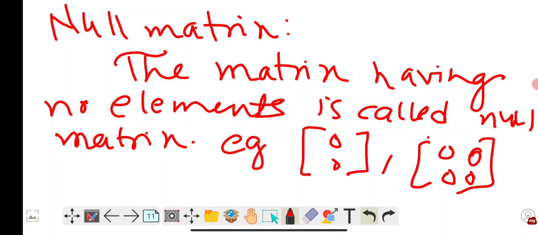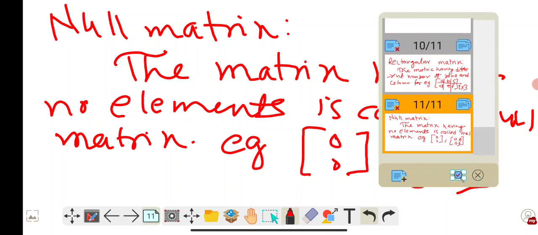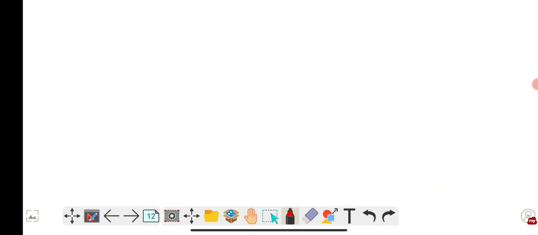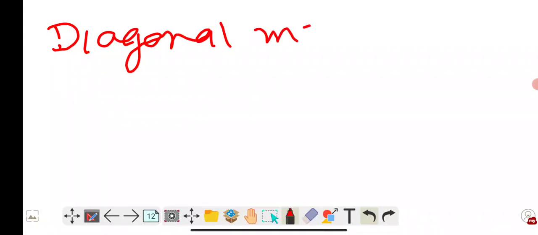Now the next matrix is diagonal matrix. What is a diagonal matrix?